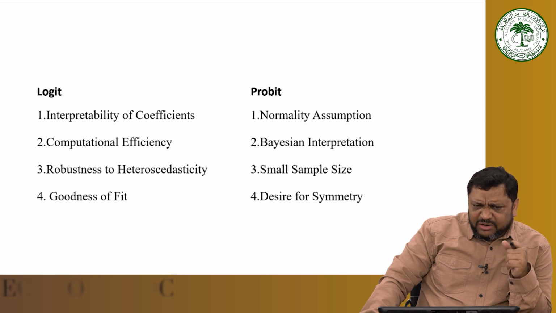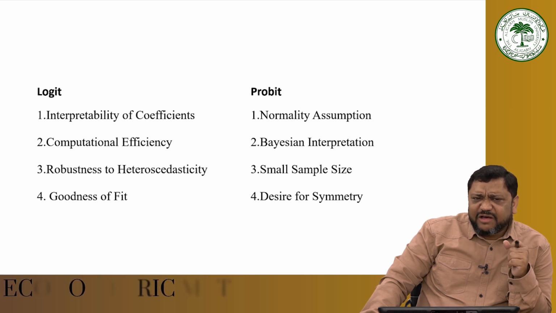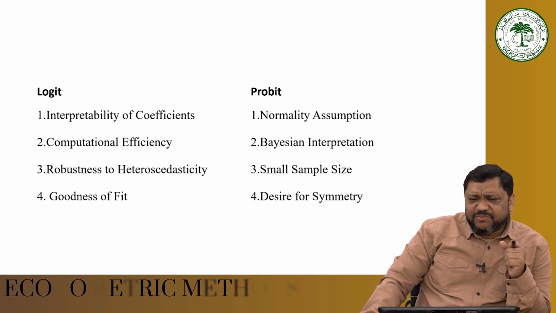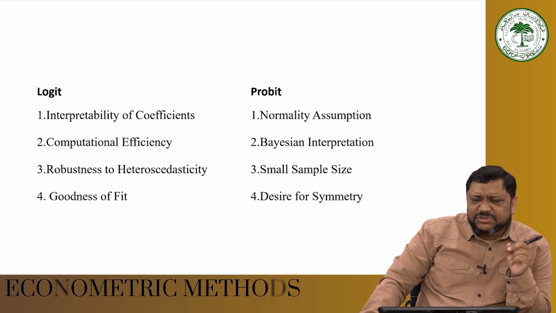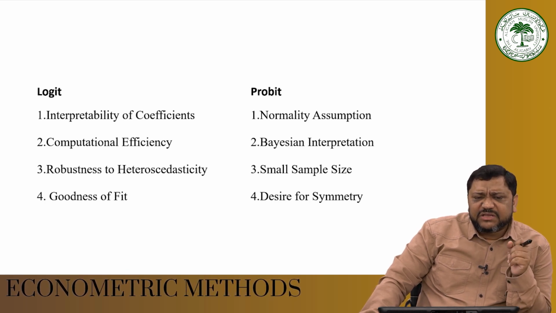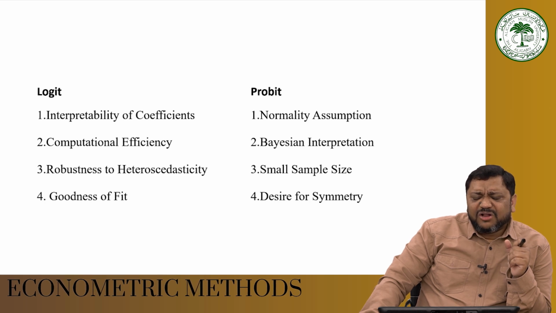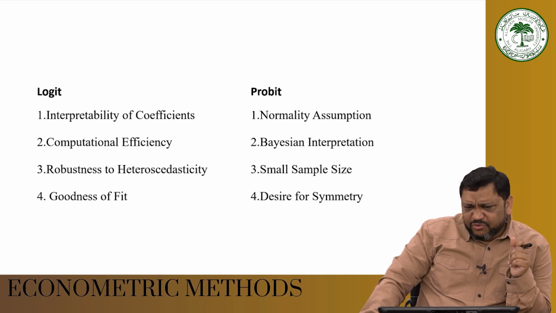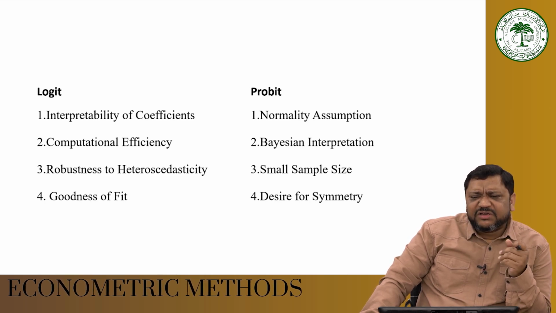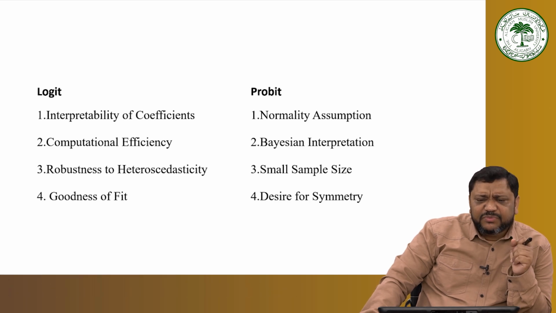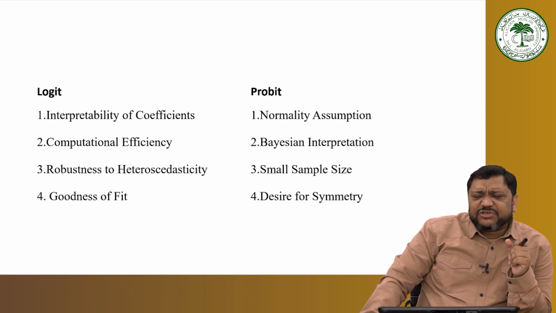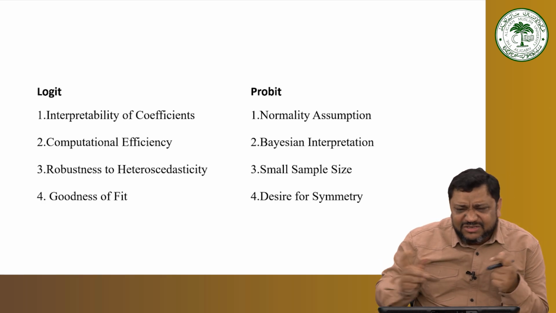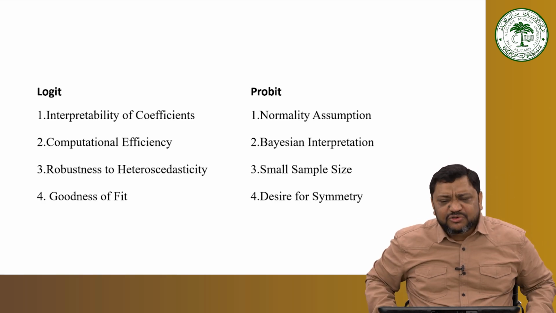Another important thing is that if we don't have a very large sample size, probit models can be more robust in small sample sizes compared to logit models. Also, one last point could be that probit models have a symmetrical distributional assumption, which might be desirable in certain cases where symmetry is assumed or preferred.